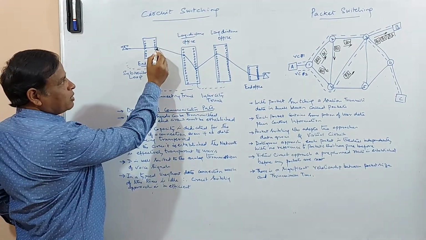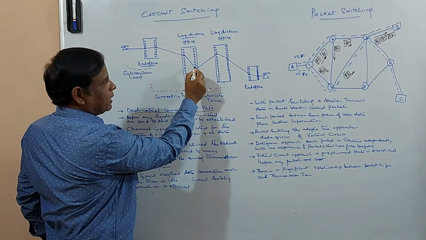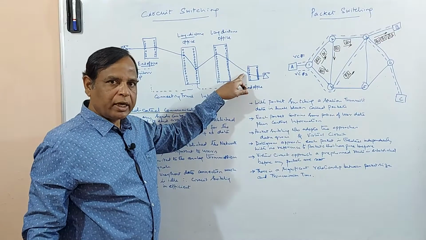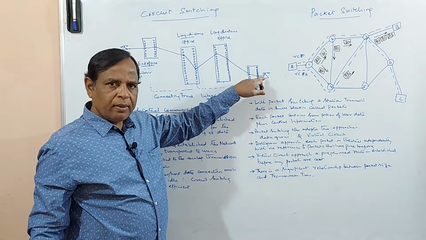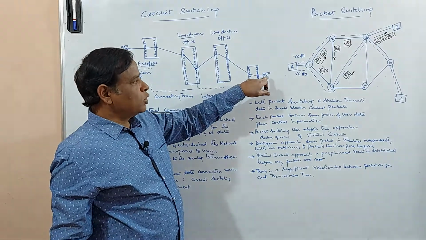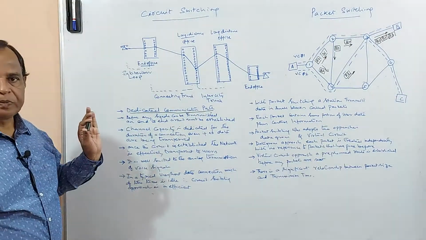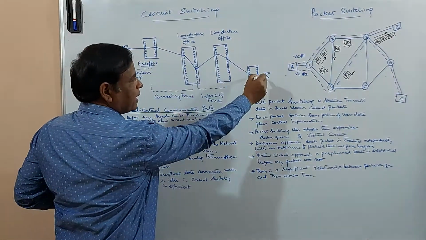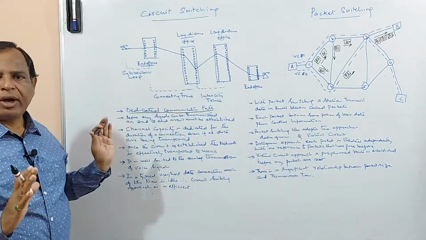Some part of the bandwidth is allotted for this particular connection. This is how it connects to the next offices, and finally it reaches the end office and gives a ring to this particular number. No sooner this user lifts the phone, it is connected. Now it is connected end to end, and the users are able to communicate fine.